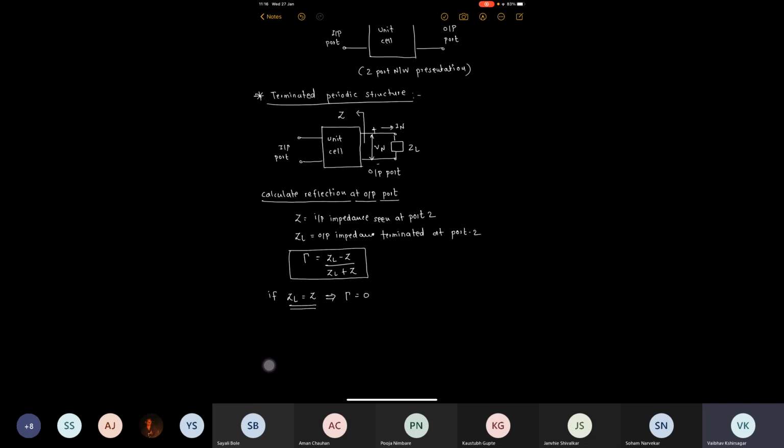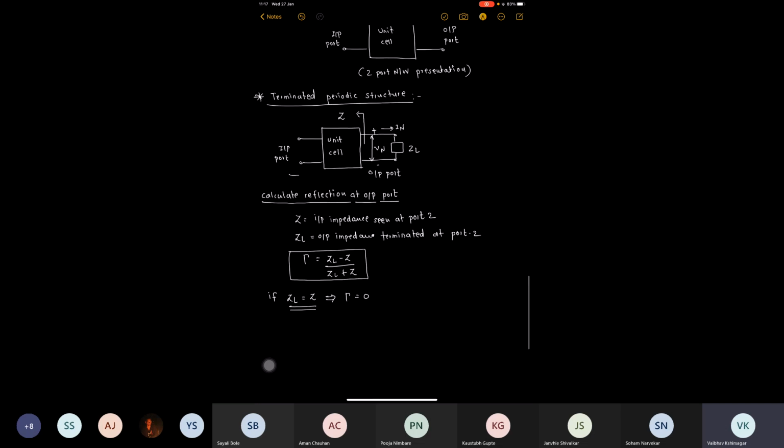Then whatever input signal we pass on will be absorbed by ZL and nothing is reflected back.